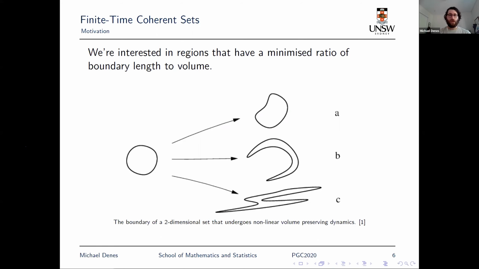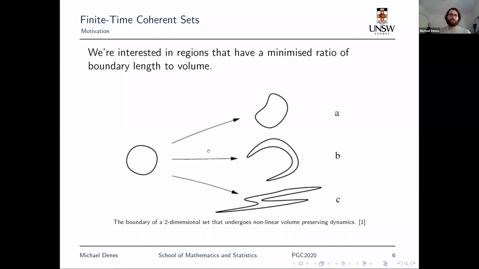So imagine that we have this two-dimensional set on the left. You could think of it as a region of fluid. And under three different potential outcomes, we could have set A, set B, or set C. So think of the set on the left. After a finite period of time, it turns into either A, B, or C.